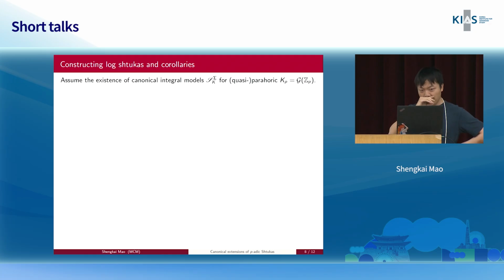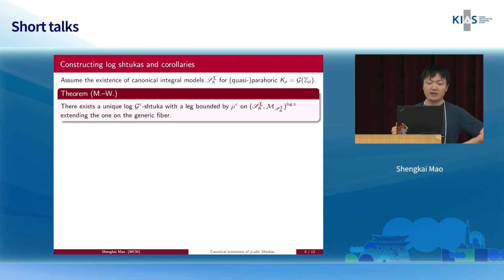So assume the existence of the canonical integral model for toroidal compactification for arbitrary quasi-parahoric level, then we construct a unique log G-Shtuka bounded by mu on the log diamond, which extends the one on the generic fiber.